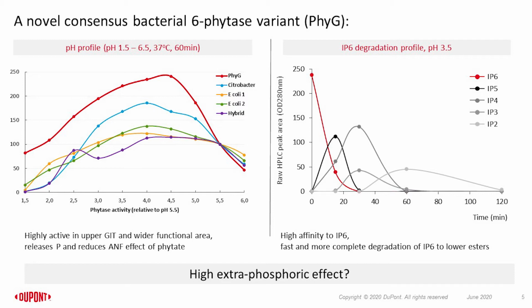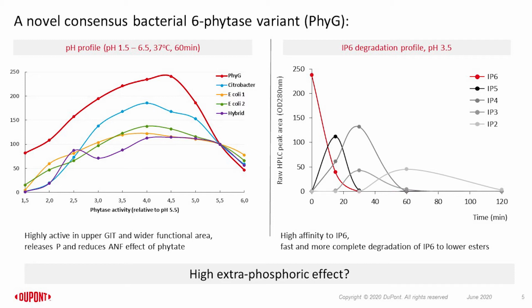This phytase is unique because it is highly active at low pH and a wider pH range. It has almost 2 times the relative activity in the pH range of 3 to 5 compared to the activity at pH 5.5.